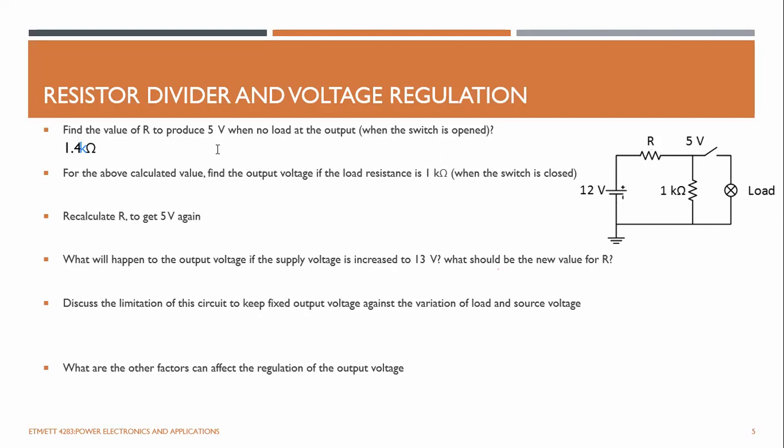If you have this value 1.4K here, you will get a different voltage, right? So how about that value, the second one? When you load this one, what will you get? Anyone got the answer for the second one?